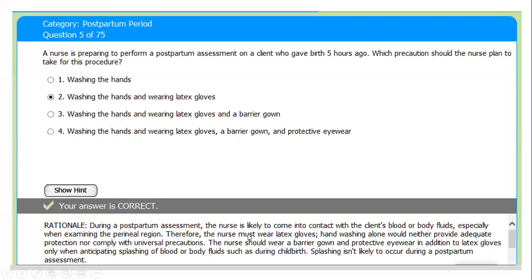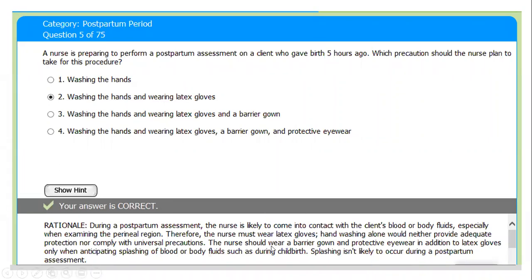Therefore, the nurse must wear latex gloves, and hand washing alone would neither provide adequate protection nor comply with universal precautions. So we have to follow the standard precautions, which include washing hands and wearing gloves.